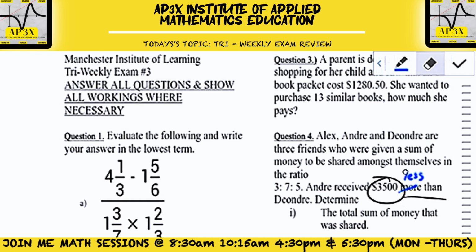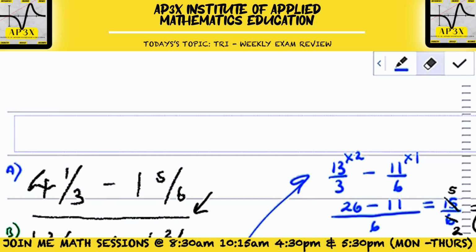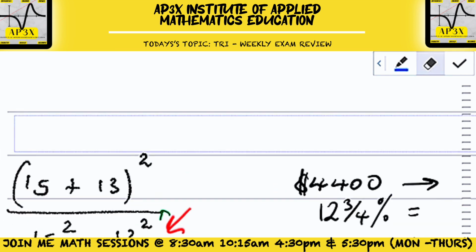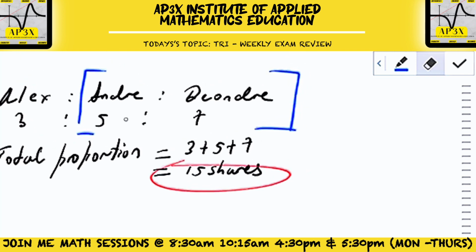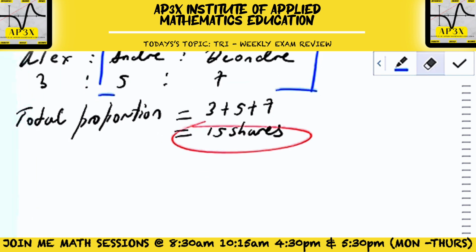So, Andre received $3,500 less than DeAndre. The question is, by how much did Andre receive less than DeAndre? When you look at the numbers, you'll see that the reason why Andre received less than DeAndre is simply because DeAndre had 2 extra shares.